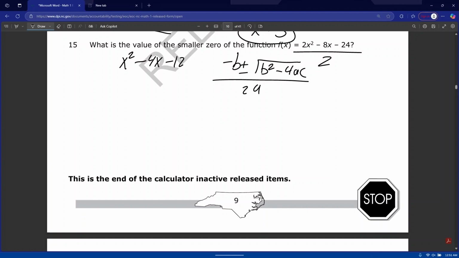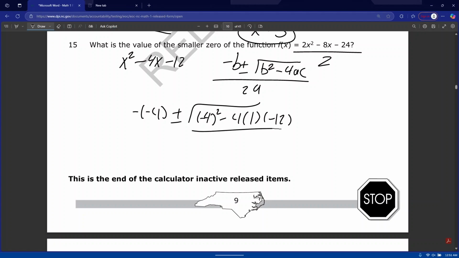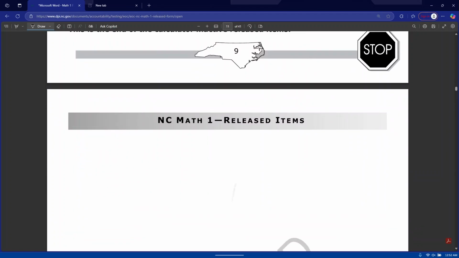And in this case, we get negative parentheses negative 4 plus minus the square root of negative 4 squared minus 4 times 1 times negative 12. And that is all divided by 2 times 1. Okay, write that all down if you're doing this. And just for the sake of space, let's scroll down.